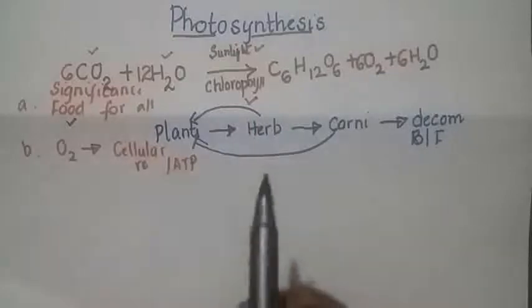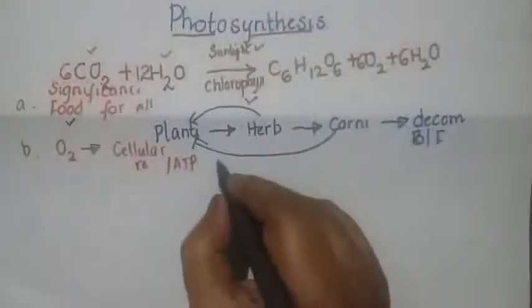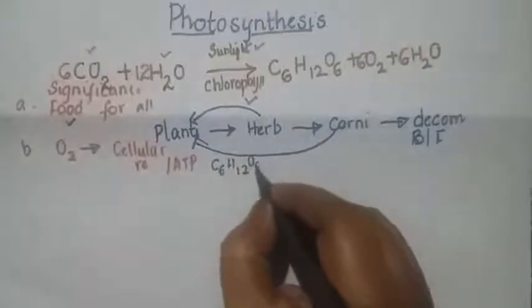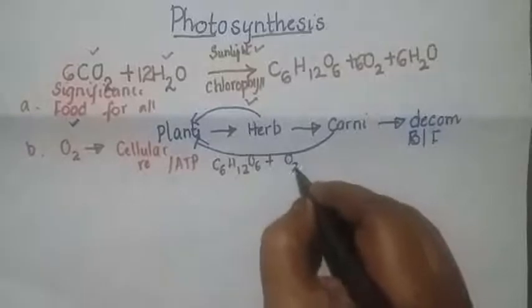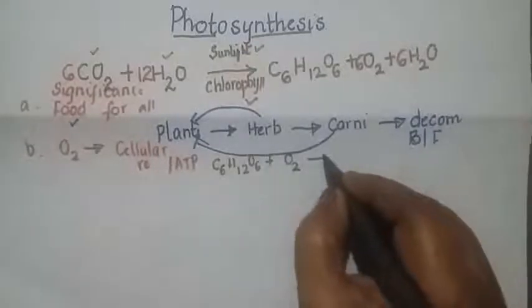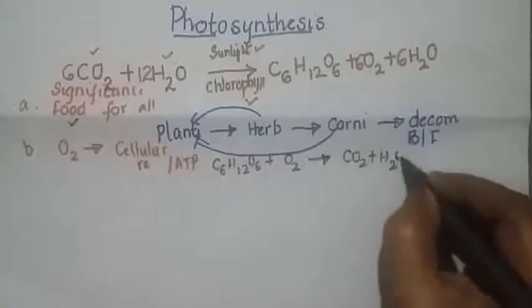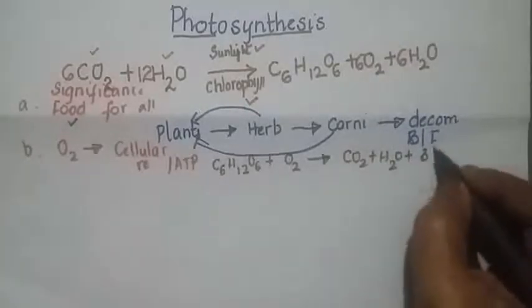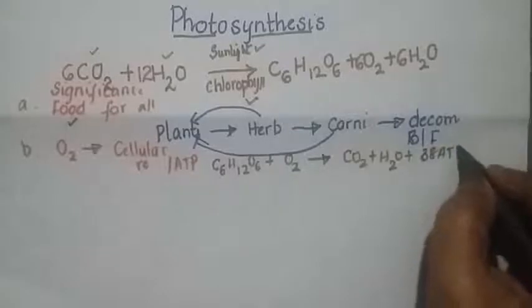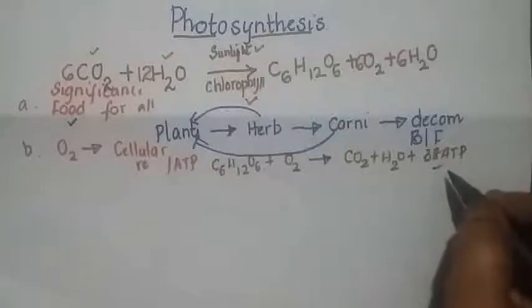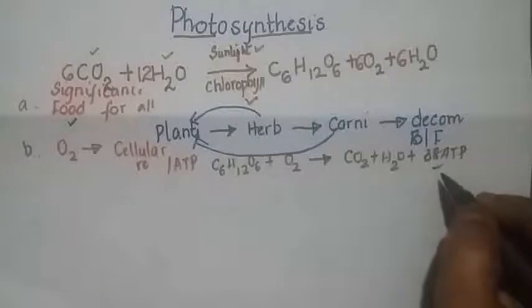We know that when we consume food, glucose undergoes oxidation, liberating carbon dioxide, water, followed by energy in the form of ATP. And this currency of the cell provides energy for various metabolic activities that we take up in our day-to-day life.